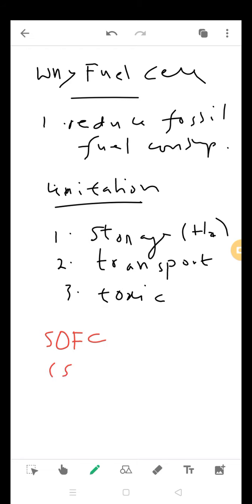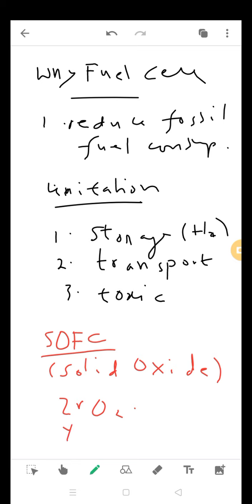From the name itself, you can understand that instead of using a liquid electrolyte, it uses a solid ceramic electrolyte, and the electrolyte is basically zirconia or yttrium oxide, Y2O3. These are the two materials which are widely used in the solid oxide fuel cell.